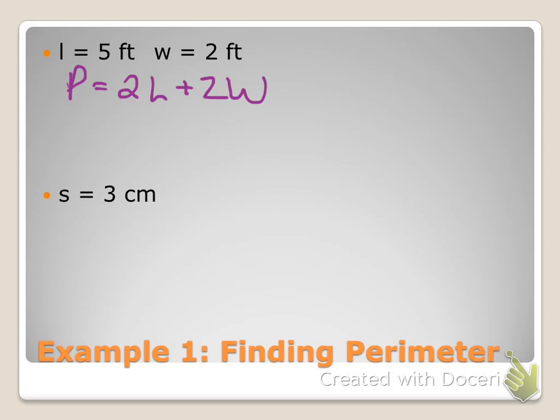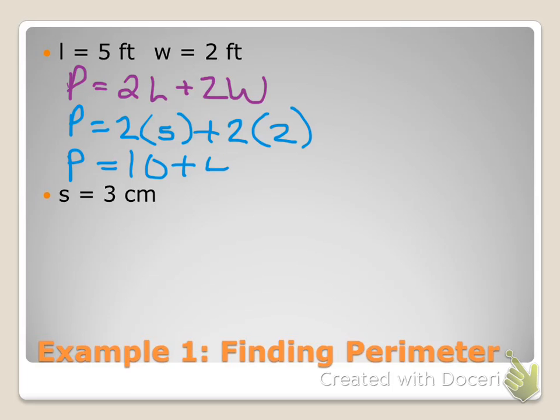Now, on your quiz, your test, any homework or classwork, make sure that you write out the formula first and then show the substitutions. So now I'll have P equals 2 times 5 plus 2 times 2. And then when you multiply it out, P equals 10 plus 4, which equals 14 feet.